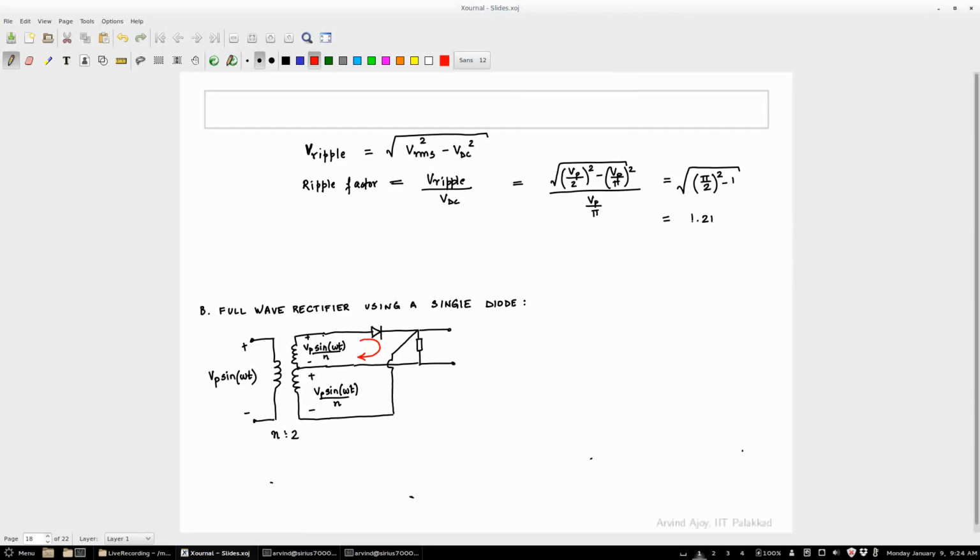In the positive half cycle, nothing is going to change. It's going to be equal to what we did last time. In the negative half cycle, I'm going to take this and connect it there. So in the positive half cycle, current flows that way, and I'll put a plus to designate that it's the positive half cycle. In the negative cycle, what will happen?